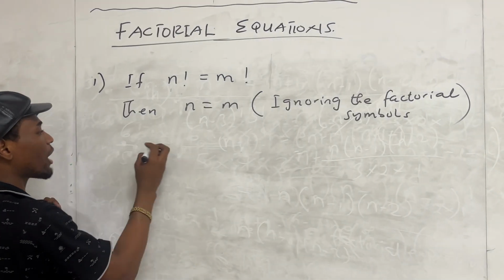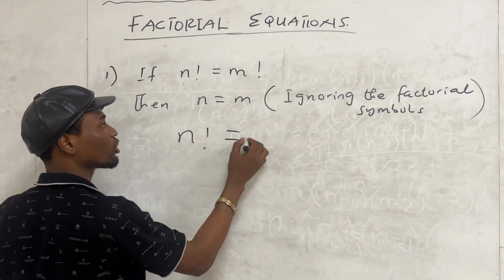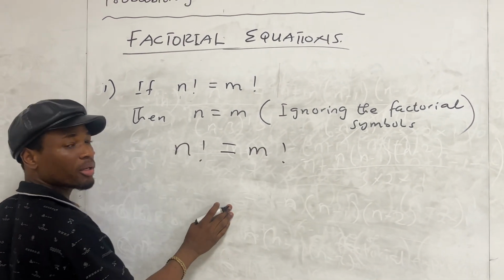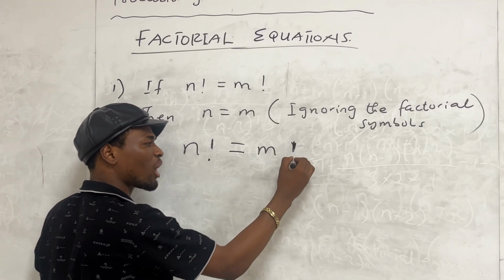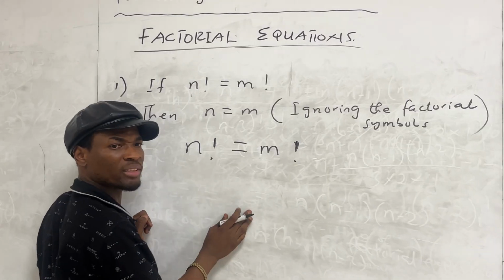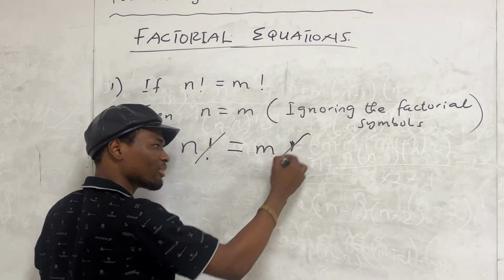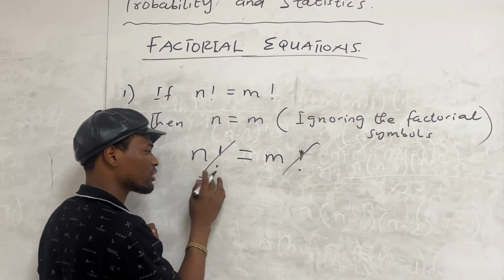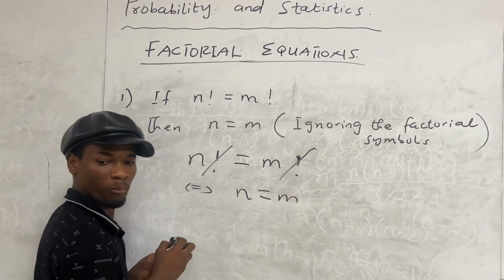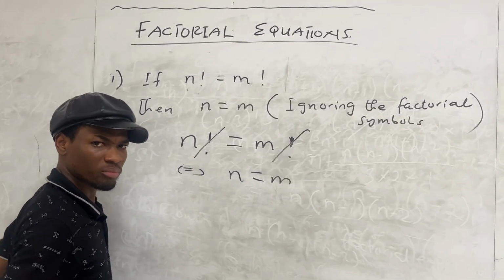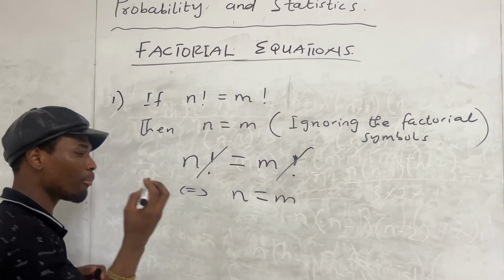In other words, if I have n factorial equal to m factorial, because we have a common factorial on both sides, this will cancel the factorial. Therefore we have n being equal to m. As simple as that.